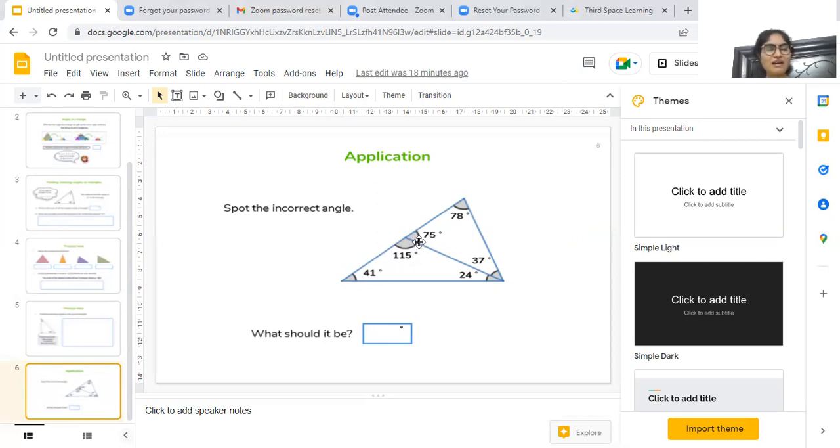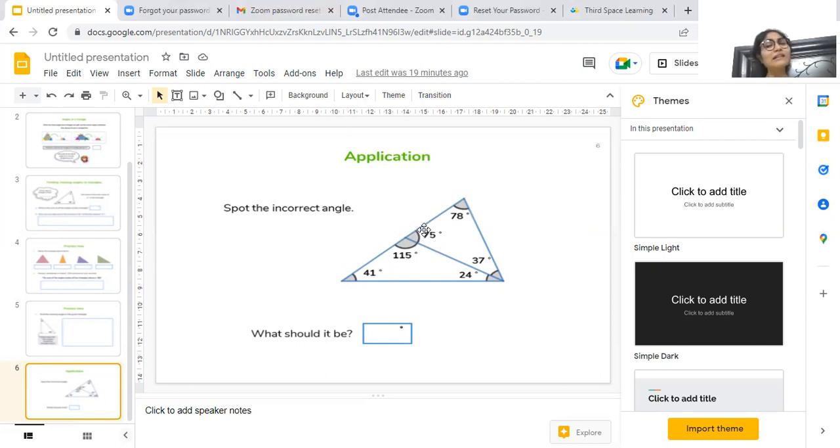Let's see if it gives us 180 degrees or not. 115 add 75 gives us 190 degrees. So there is a mistake in the 75 degree angle. If we need to make a correction here, it should be 10 degrees less, so it should be 65.